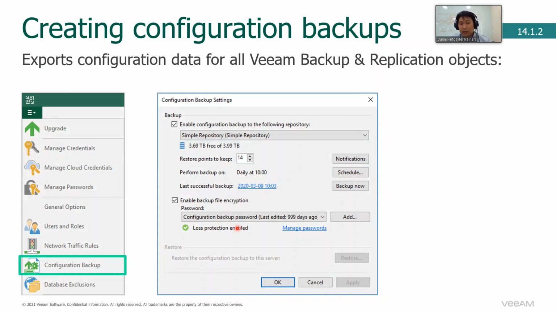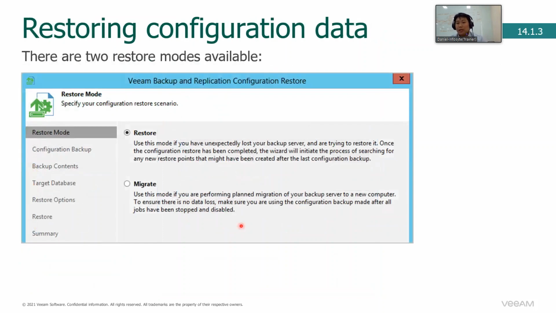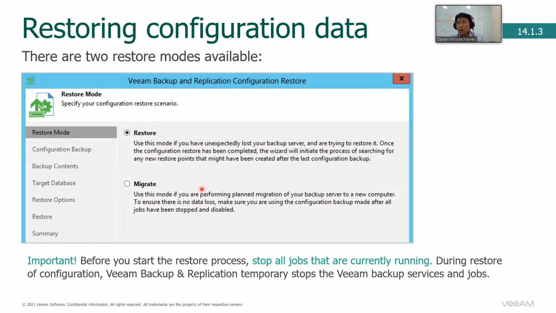Alright? So this is the configuration backup that you need to enable. And when you are trying to perform a restore, if you are restoring to the same machine, then you just go with the restore option. If you are migrating, for example, you are buying a new machine for your backup server, new OS, etc., you can migrate from the old one to the new one.